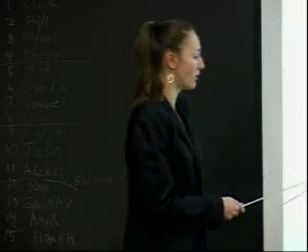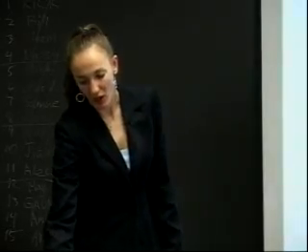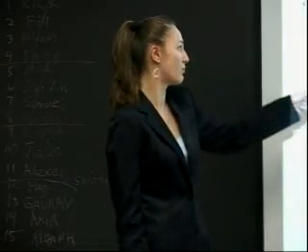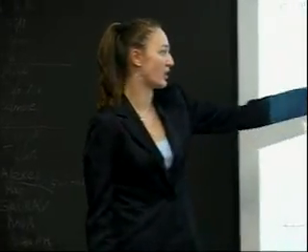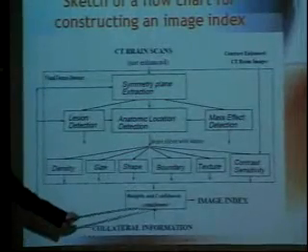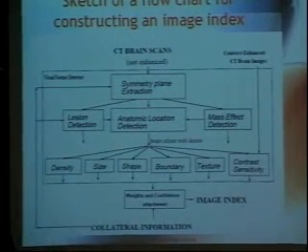At the end, you'll find the 3D position of the lesion. And this is just an overview of how it happens. All of these feature detectors detect features, which are listed here. And based on these features, weights and confidence are calculated and the image index is created.